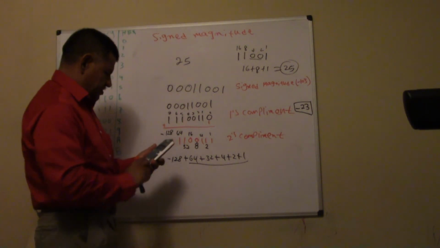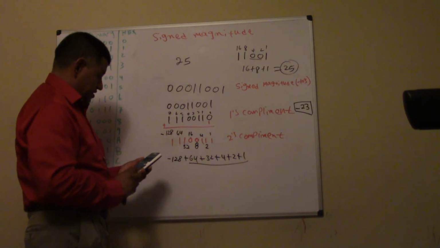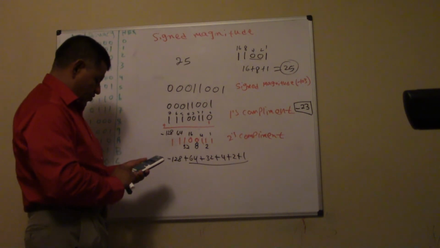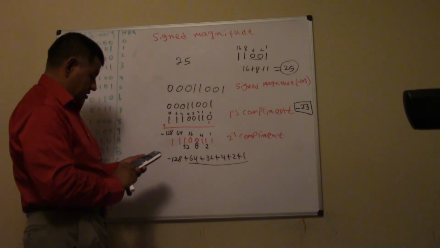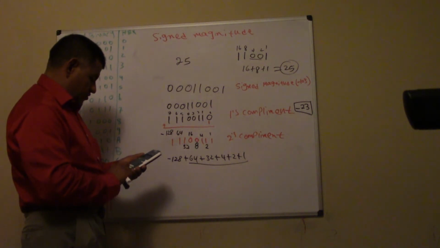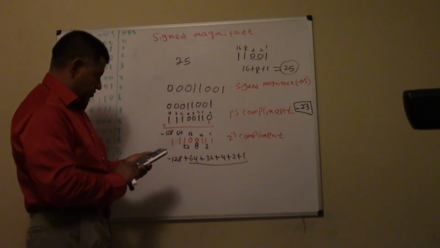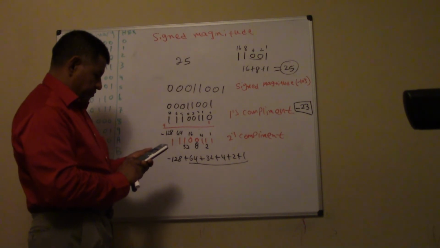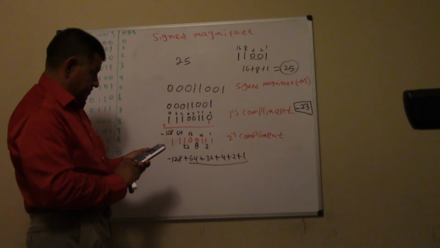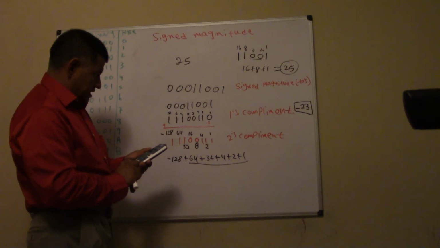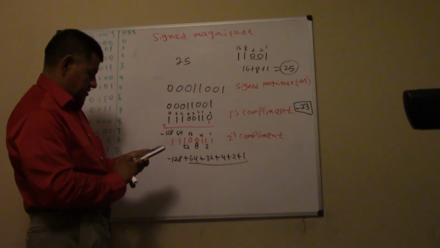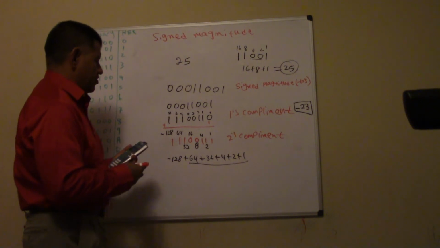Okay, so let's do it quick. So here you got negative 128 plus 64 plus 32 plus 7, and here you go.